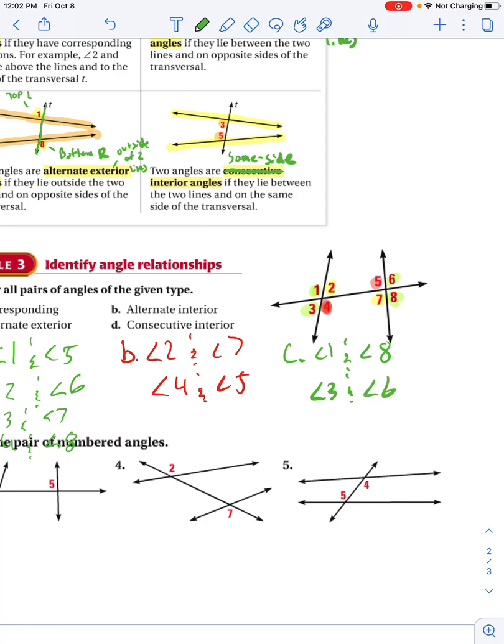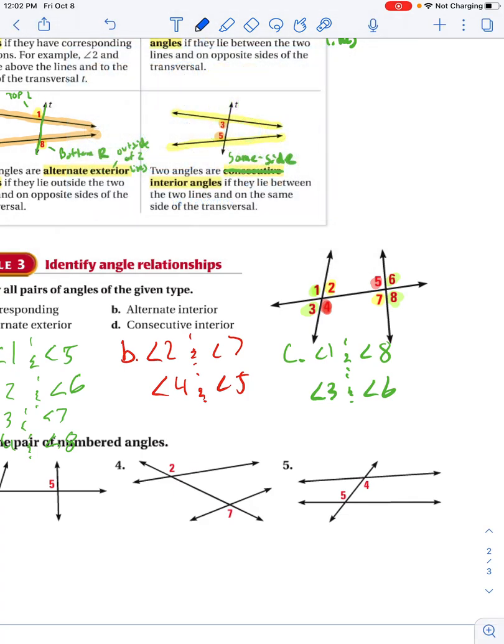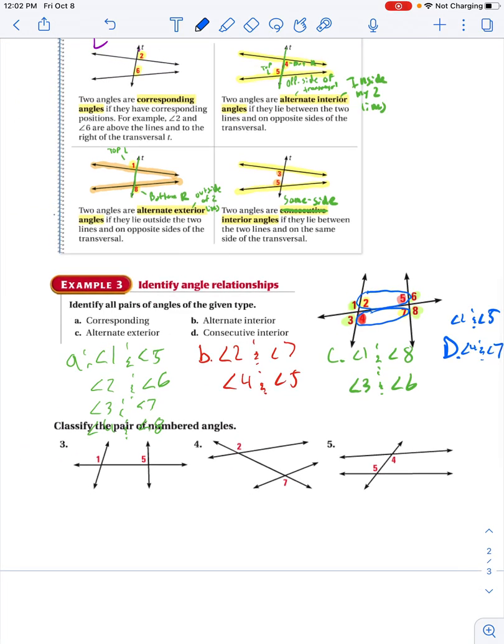And my last one is part D, consecutive interior, which is same side interior. That's going to be angle 2 and angle 5, because they are on the same side on the inside, as well as angle 4 and angle 7, because they are on the inside of my two lines, same side of the transversal.